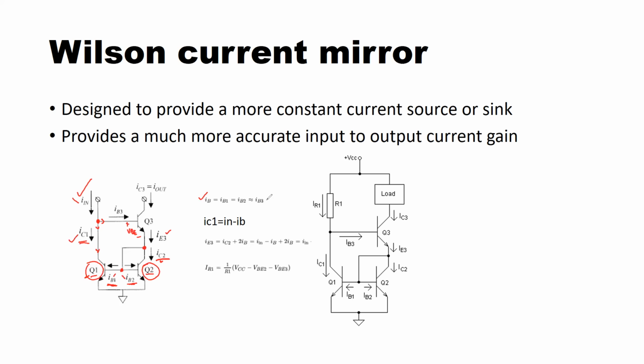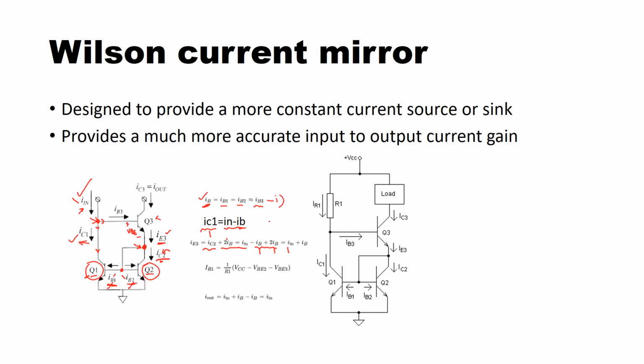So that is our first equation: the base current in the circuit of the transistors is IB1, equal to IB2, and approximately equal to IB3. Then, based on the transistor matching, the collector current of transistor Q1, IC1, is the input current I in minus the base current of transistor Q3. Simply, we are applying KCL at this node. You see IC1 is equal to I in minus IB.